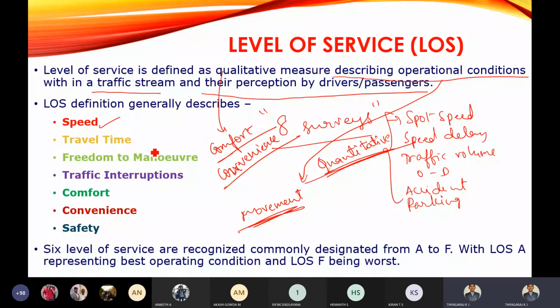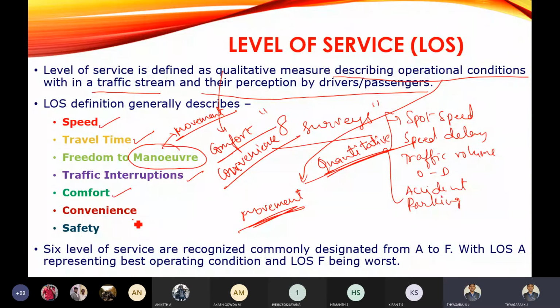So the speed, travel time, which is the operational condition, then freedom to maneuver. Maneuver means movement of the vehicle; we will be discussing this maneuver in the third module. Then traffic interruptions: if there is any obstruction in the traffic or any delay, those things will be included.